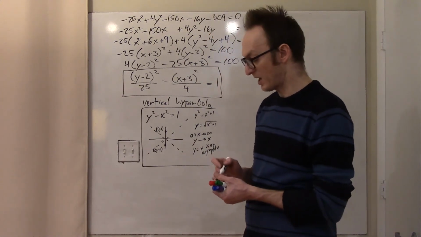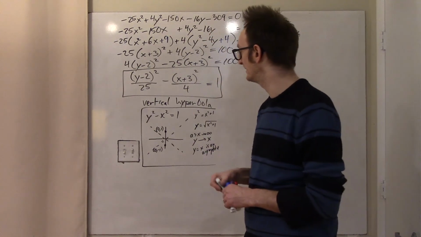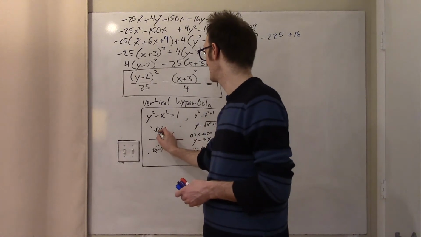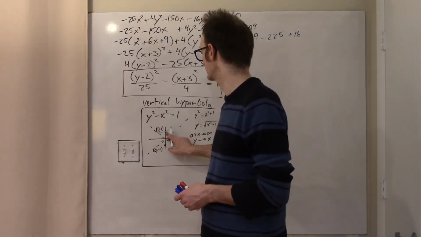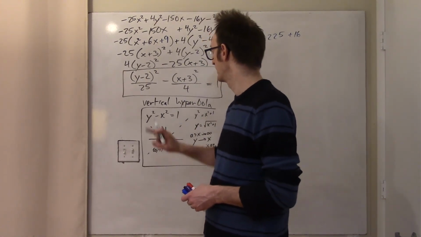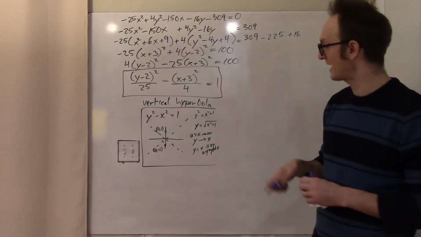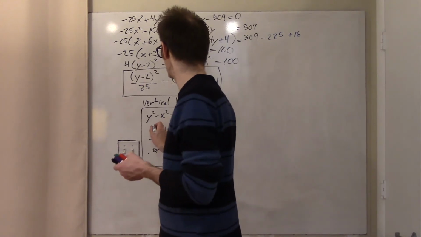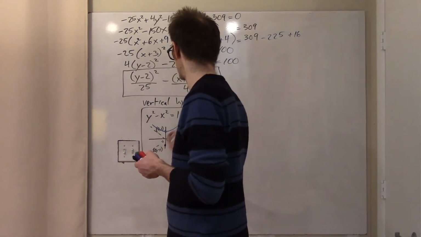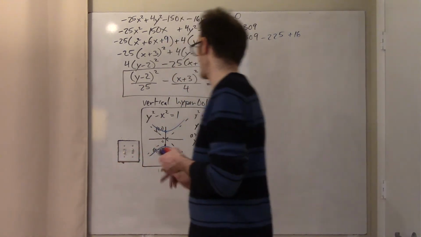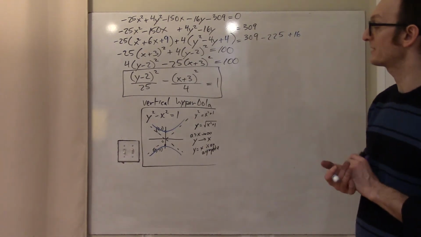And we already said that the curve has to have a y-coordinate which is either greater than 1 or less than negative 1. And so even if you didn't know anything about hyperbolas, and you were just given this equation out of the blue, what you end up with is something like this.